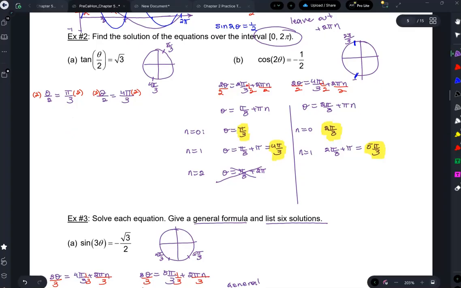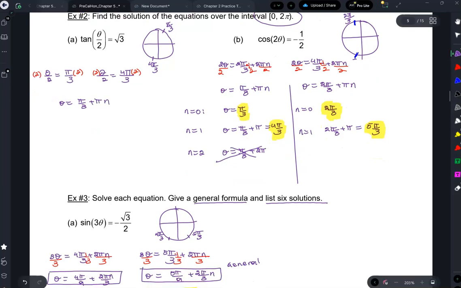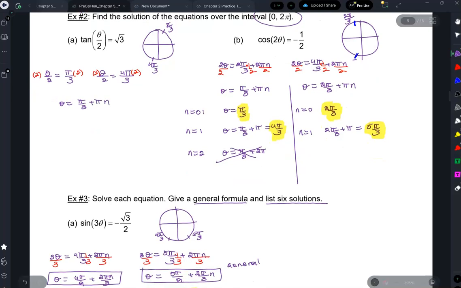Are those pi apart? Yeah. So I would say theta is equal to pi over 3 plus pi n. So now let's do all of them until we get to 2 pi. Okay, so when n equals 0, pi over 3.